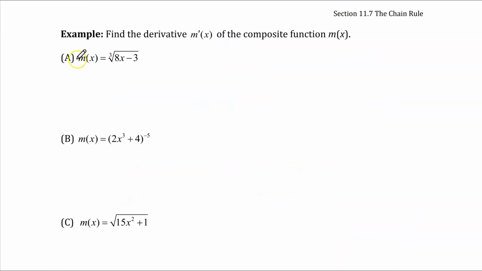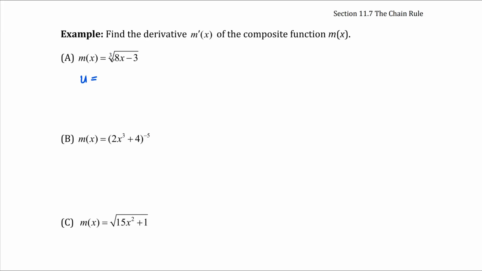Now for this example, we have m of x equal to the cube root of 8x minus 3, and we want to find the derivative of m with respect to x using the general power rule. So to do this, we will first think of our u. U here will be the expression inside the radical sign.